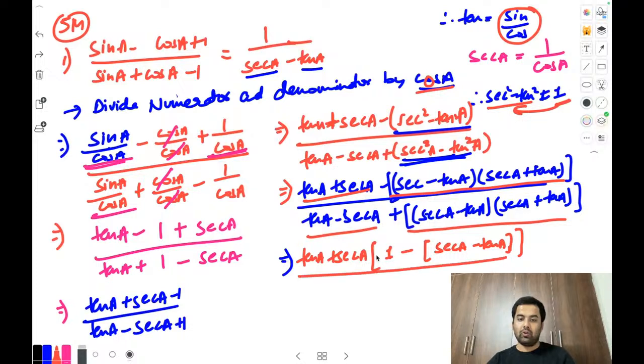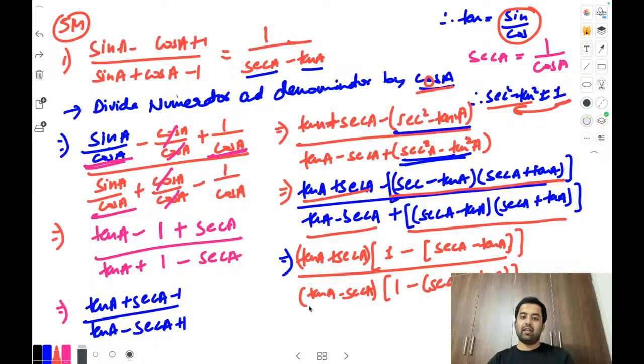Below, 1, tan a minus sec a, remaining is 1 minus sec a minus tan a.